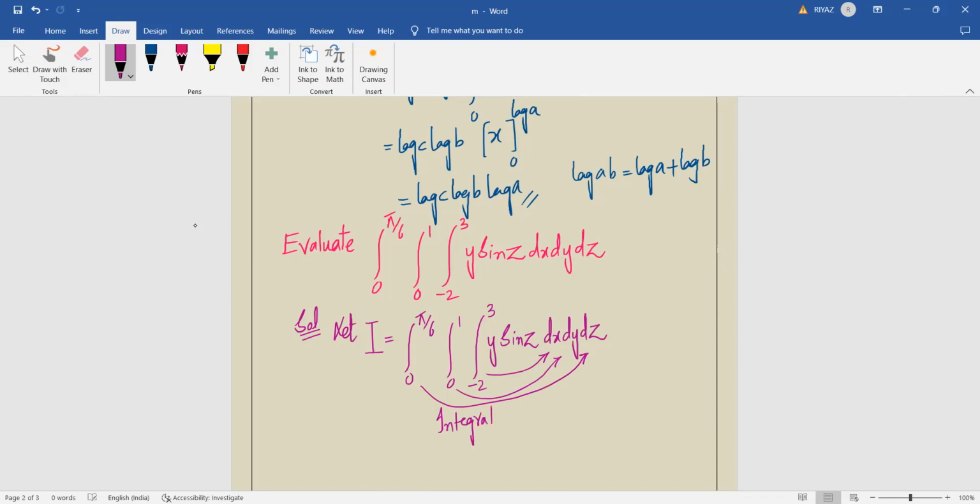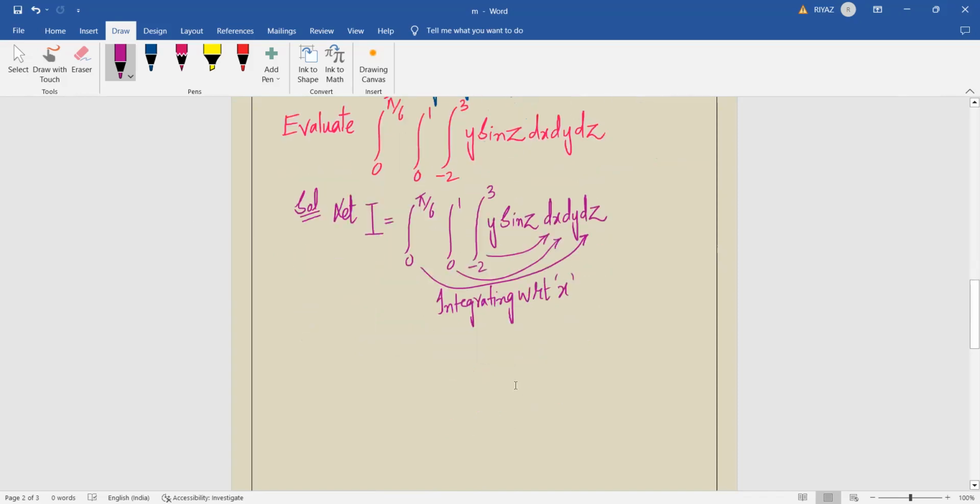If you have constant limits, the choice is yours. Integrating with respect to x means y and sine z, both of them, are constants.